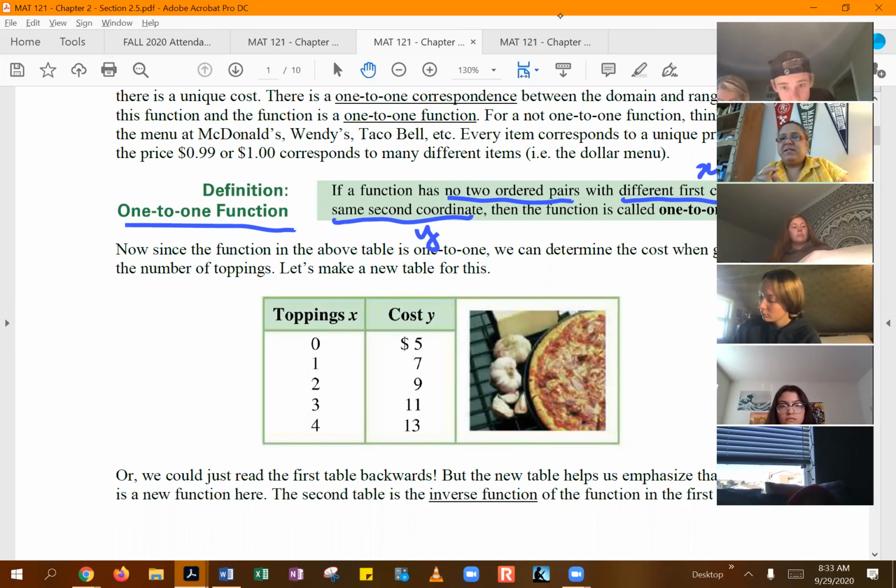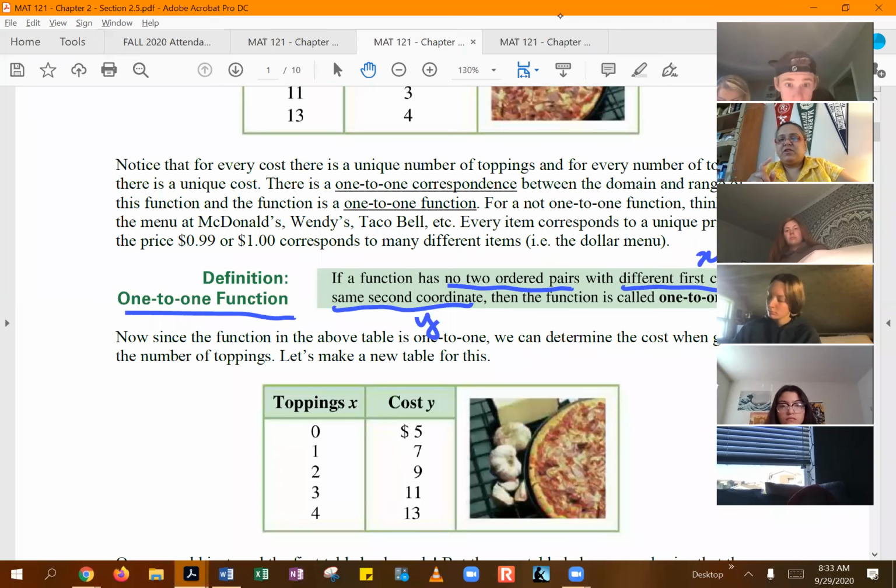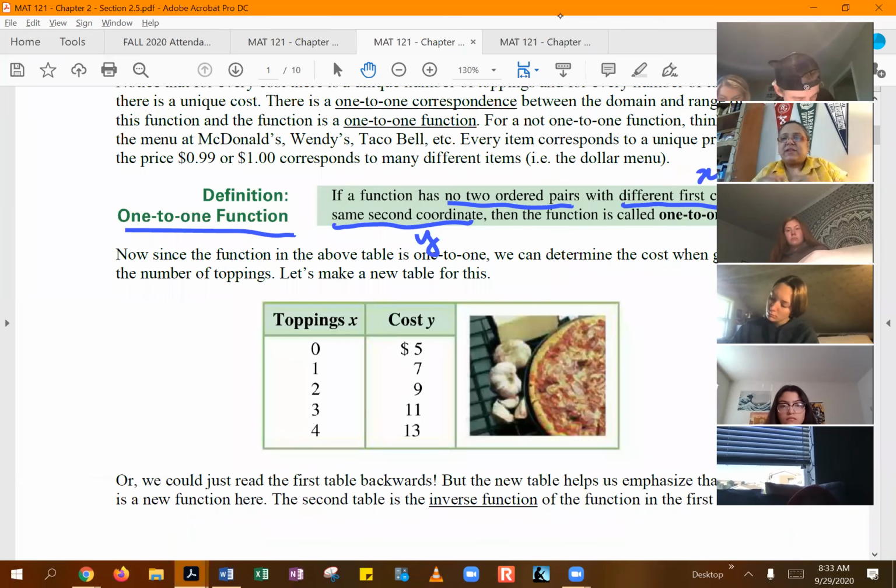So what happens here, guys? The first table, you can think of that as the original function. The second table is actually its inverse. So just by switching our x and y variables, we are able to create the inverse function. And this only happens if we can show that our functions are one-to-one, that we have that one-to-one correspondence between our variables.